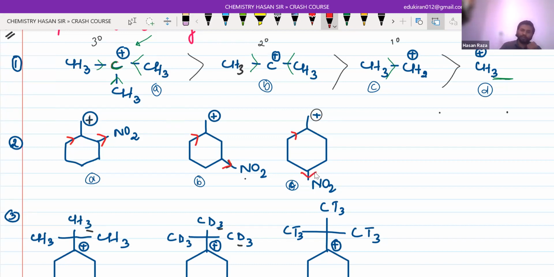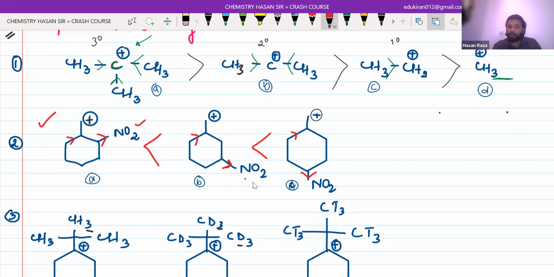What I want to tell you is that this carbocation needs electron, but there is a group which is withdrawing these electrons. Already that carbocation has a deficiency of electron, and this NO2 has a tendency to withdraw electron. That's why this will be the order, because this NO2 is nearer to the carbocation and it can withdraw more and more electron, which will increase the instability of this carbocation. That's why it is very much less stable.